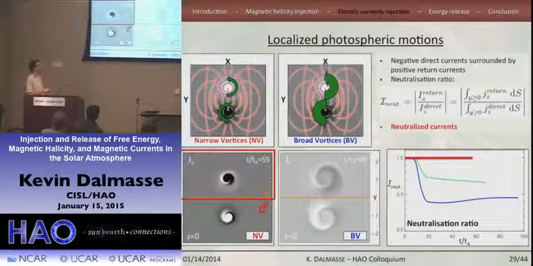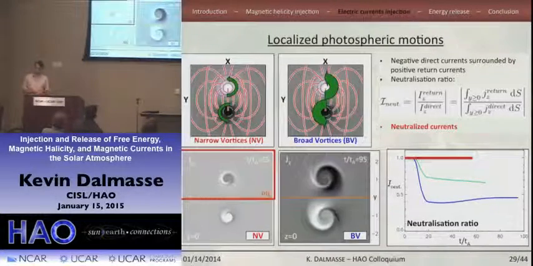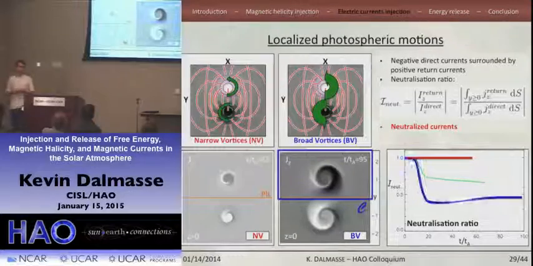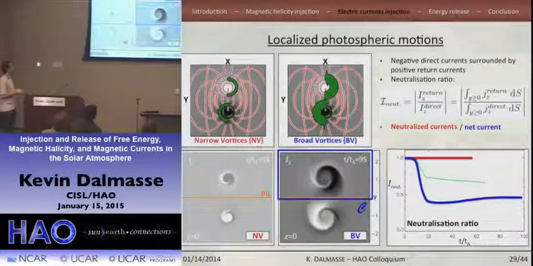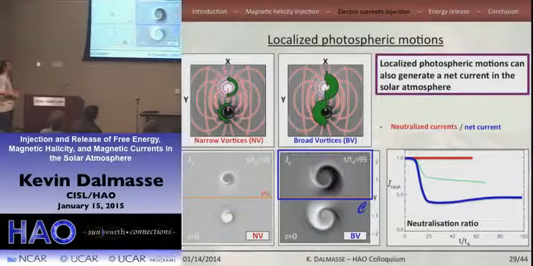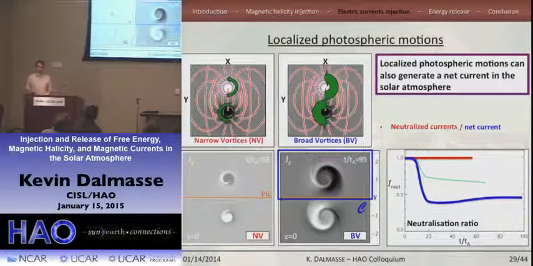On the contrary, for broad twisting vortices, the system shows the quick development of net electric current in the magnetic field. So as for magnetic flux emergence, localized photospheric motion can also generate a net electric current in the solar atmosphere.